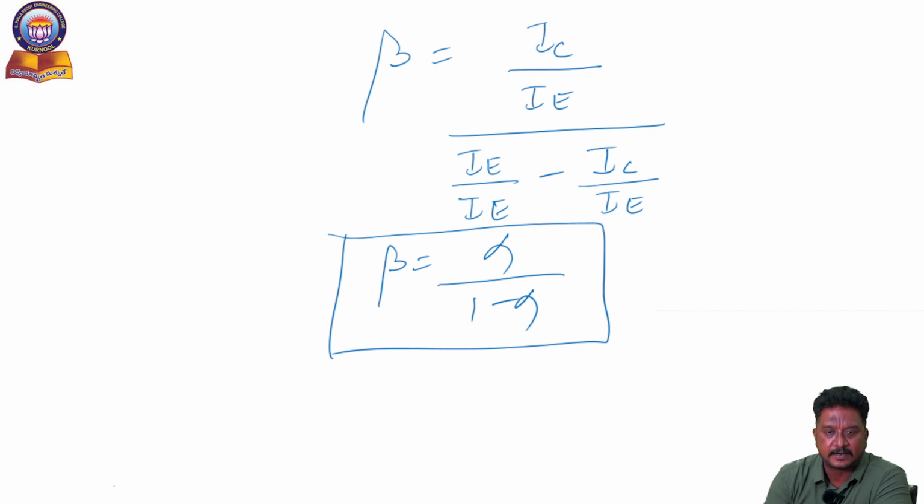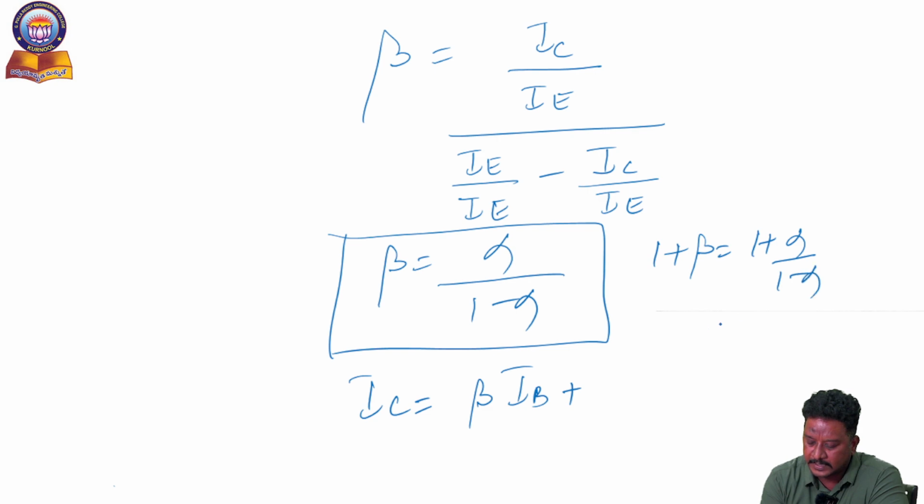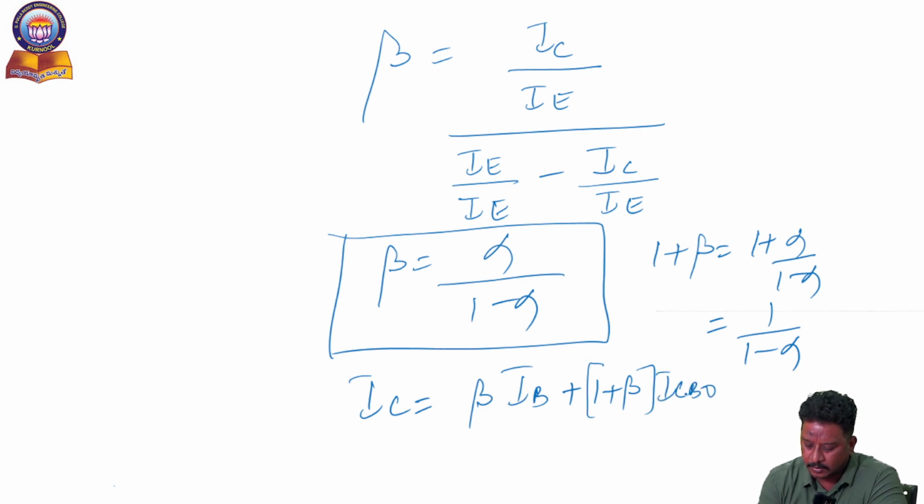From this basic relation, I am concluding the equation of a transistor which is used in common emitter configuration. IC is equal to beta into IB plus, as we know, 1 plus beta is 1 plus alpha by 1 minus alpha. This I can conclude as 1 by 1 minus alpha, so that 1 plus beta of ICB naught.